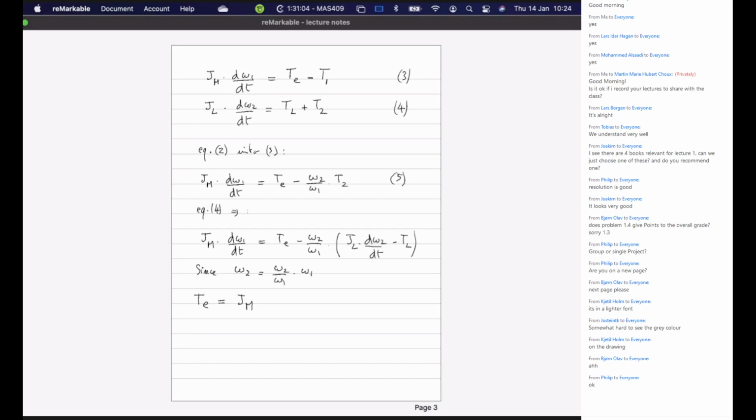So that will be plus omega 2 divided by omega 1 squared JL times d omega 1 dt. And then we have minus here omega 2 divided by omega 1 TL.